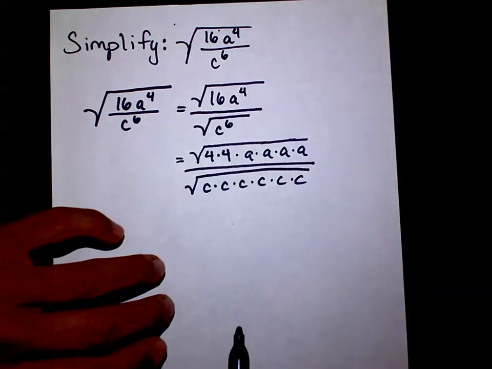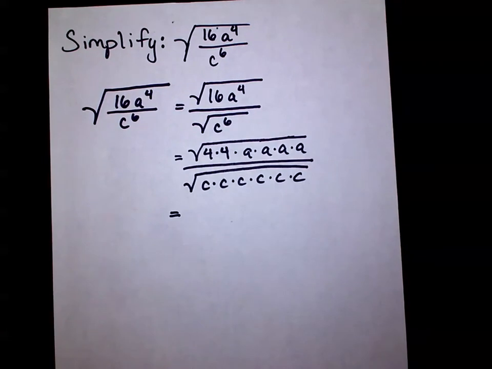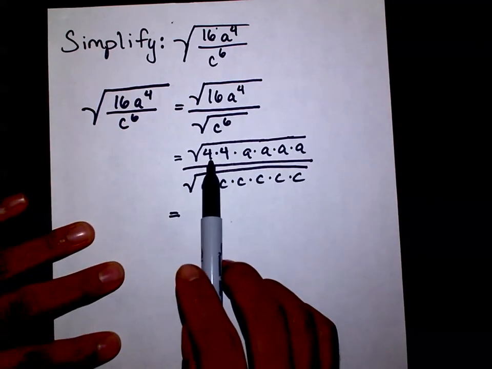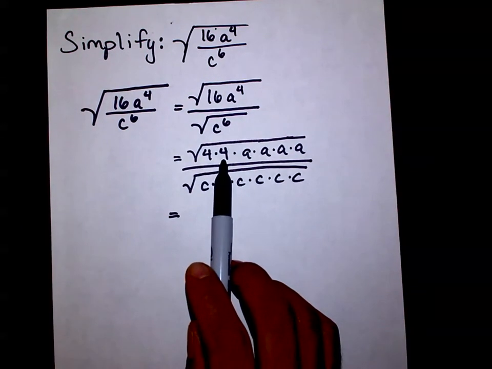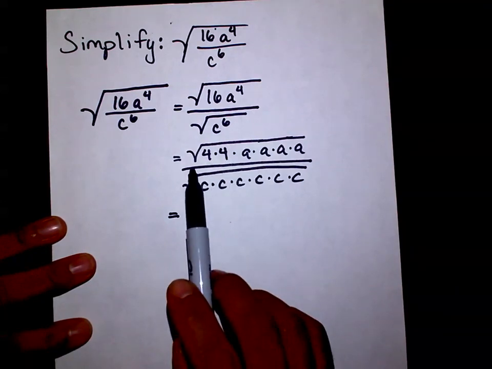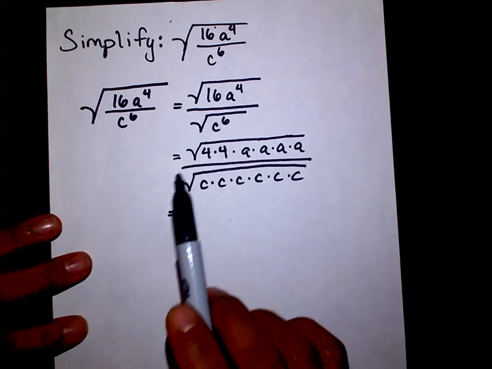Okay. Now that I have that, I can go ahead and start my process of getting rid of things. Now, kind of just like the problem, I think about 2 problems ago, I have my 4's here, and I could break my 4's down into 2 times 2 and 2 times 2, but because it's square root and we're looking for the same number twice and I already have that here, I'm just going to keep it simple and keep those 4's. Okay.